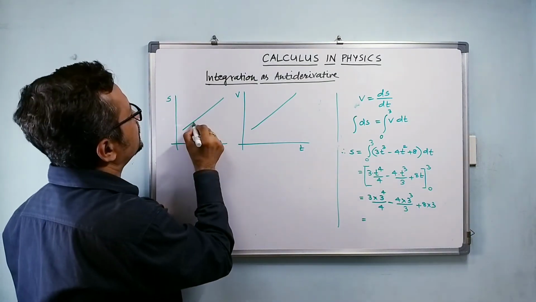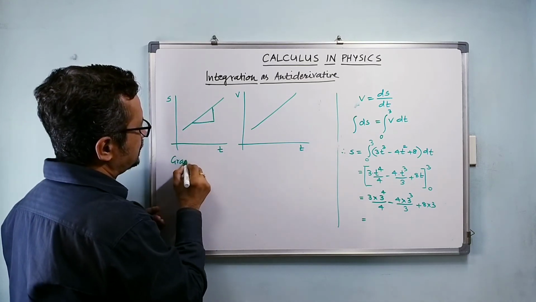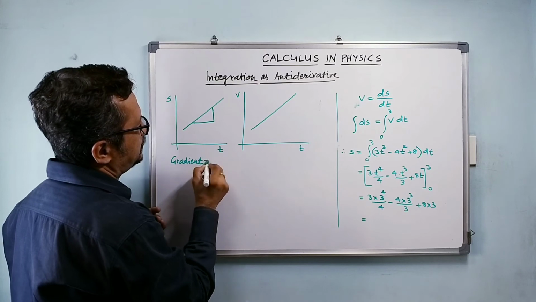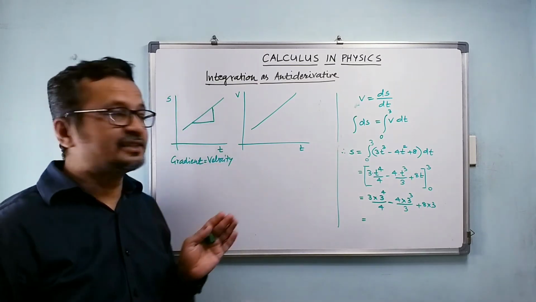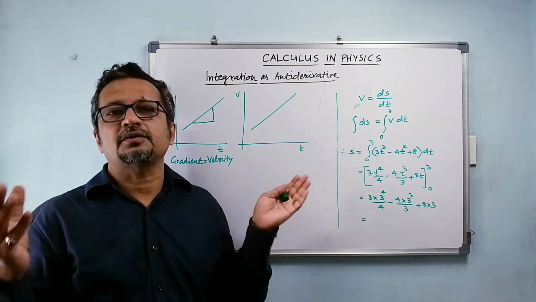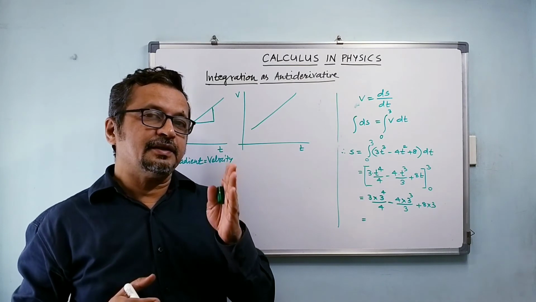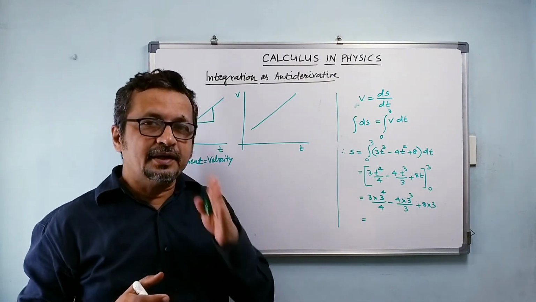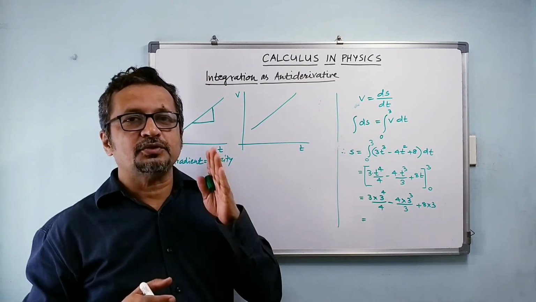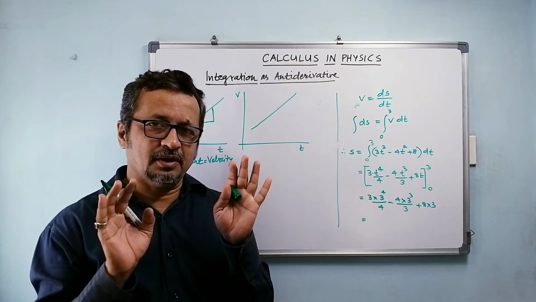Okay, so this gradient is velocity. What if my displacement time graph is a curve? Then the velocity at some particular point will be given by the gradient of the tangent to the curve at that point. Okay, just keep this much in mind.